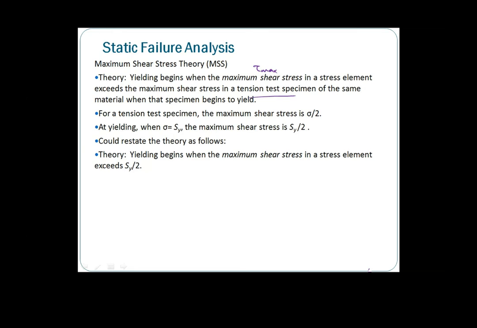Meaning, when the shear stress of the stress element exceeds the maximum shear stress during your tensile test experiment.